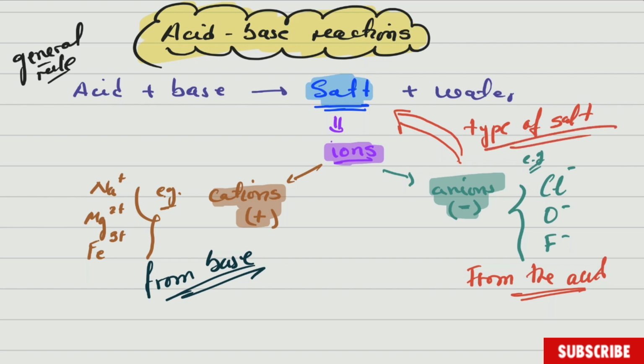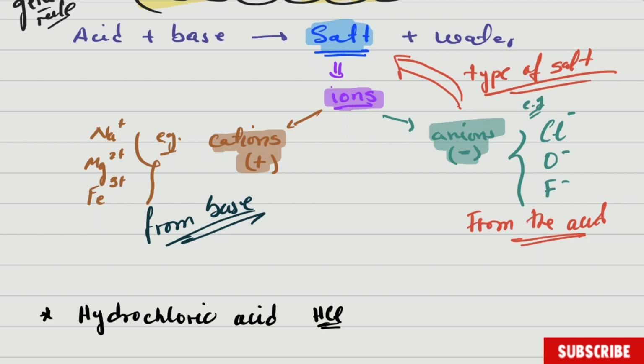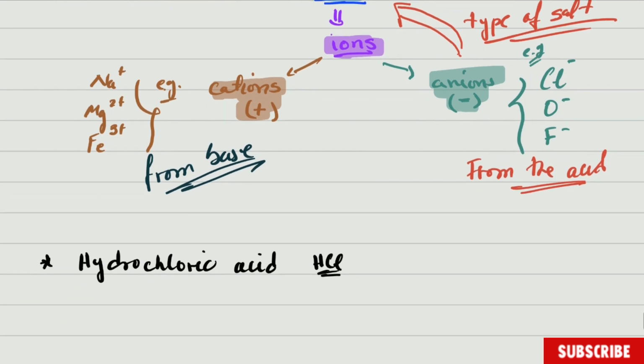Alright, so now let's look at those different situations we are going to have, and this one is quite simple. I hope you are with me right now. Okay, so the main examples we are going to be doing are, for instance, hydrochloric acid, which will always form a chloride.